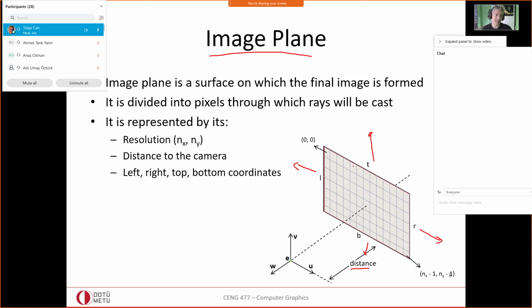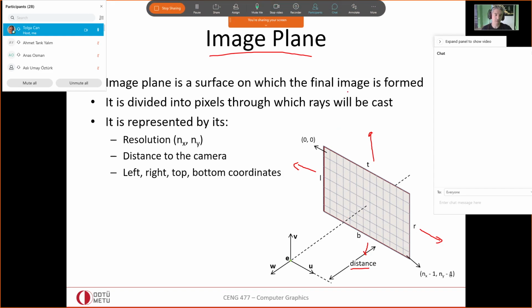If you write this plane equation, it's unbounded and contains all the points on the plane. The plane equation in 3 dimensions is ax plus by plus cz plus d equals 0, in which a, b, c, d are constants which determine where this plane is.